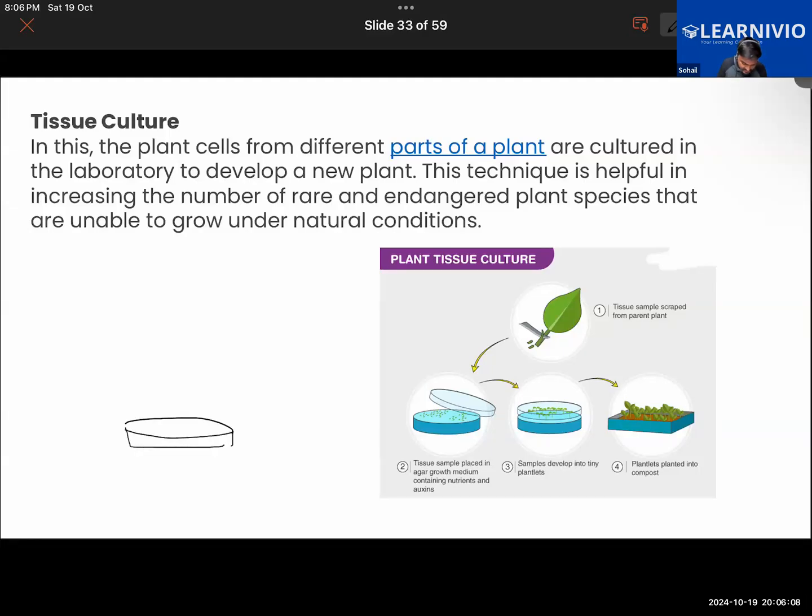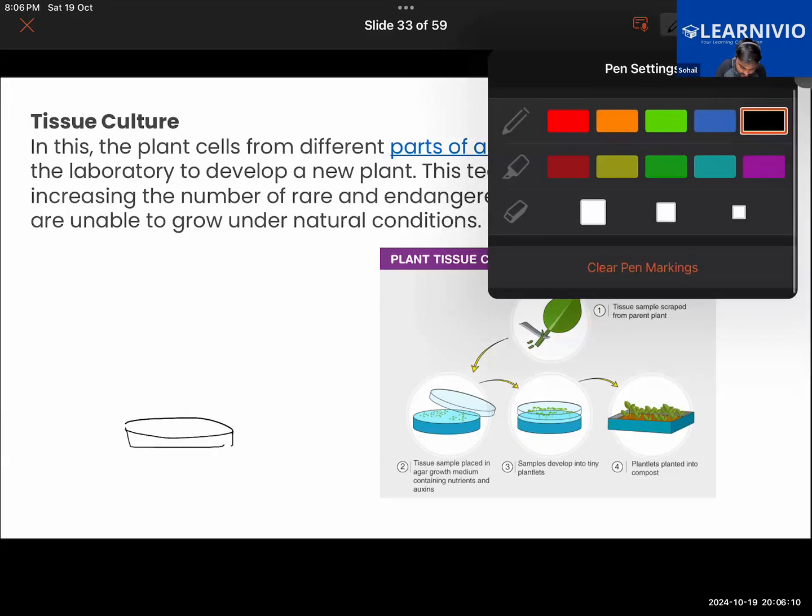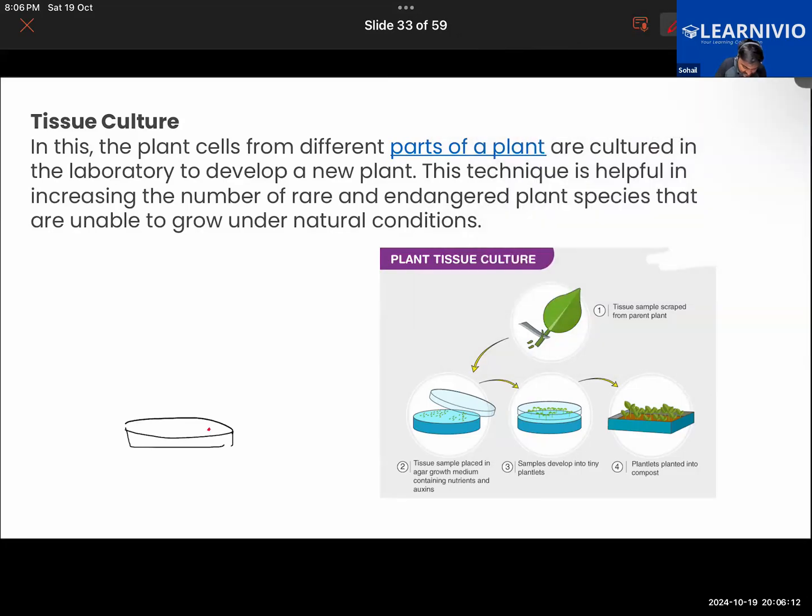In this glass structure, we have put some special chemical substances, and those substances help in promoting the growth.